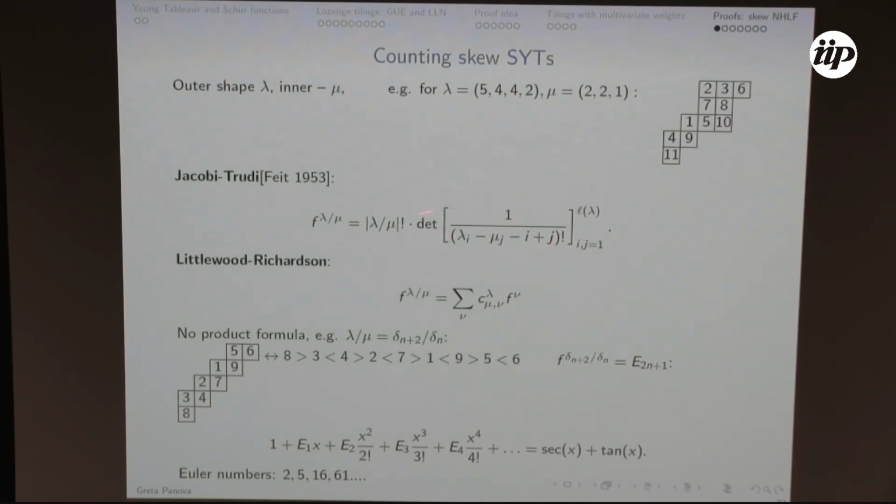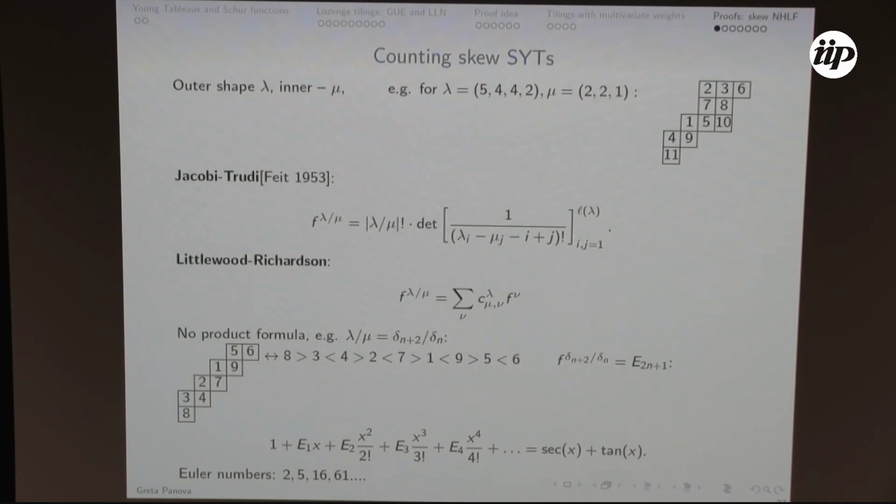From the literature, there is a determinantal formula which tells us that it's efficient to compute these numbers. But it's not a positive formula, so if you actually want to extract asymptotics from here, it's going to be quite hard. There is the Littlewood-Richardson rule, which is a positive formula, but then the Littlewood-Richardson numbers themselves are hard to compute, so it's also not very useful.